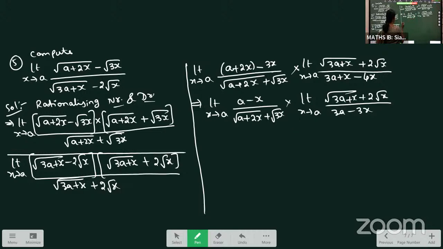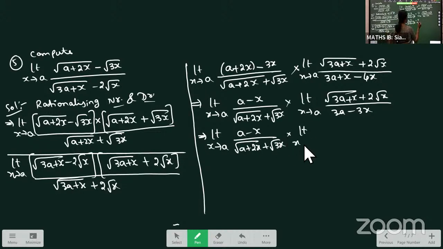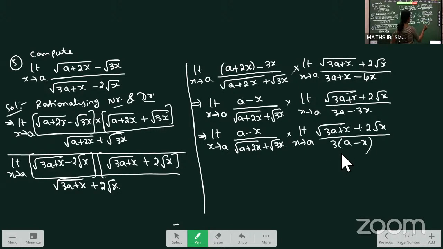One more step: limit x tends to a of (a − x) by √(a + 2x) + √(3x), into limit x tends to a of √(3a + x) + 2√x by, take 3 common, it is a − x. So a − x and a − x get cancelled.